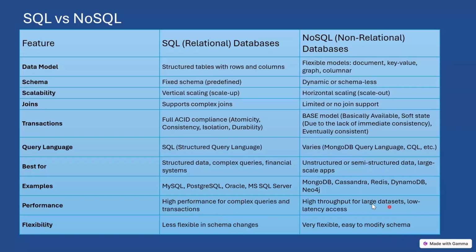But for high throughput on a large data set, say you are getting billions of records in 10 minutes, SQL is not meant for that. In that case you should go for NoSQL databases. DynamoDB and MongoDB have a history of handling billions of records in a few minutes. That's the performance you get.